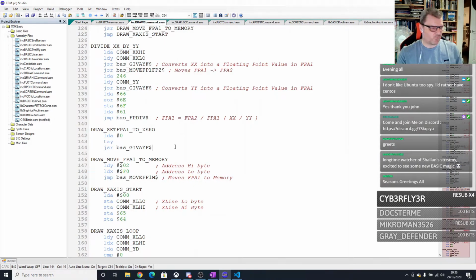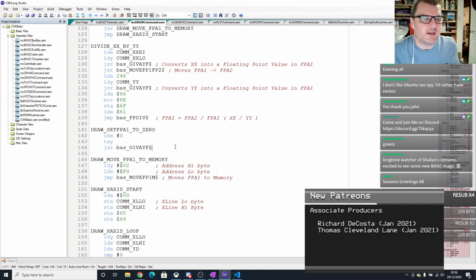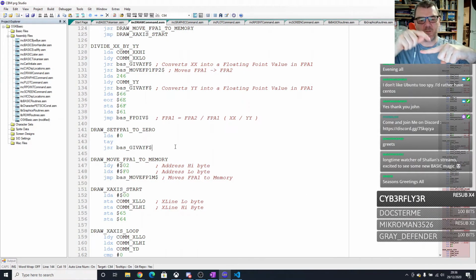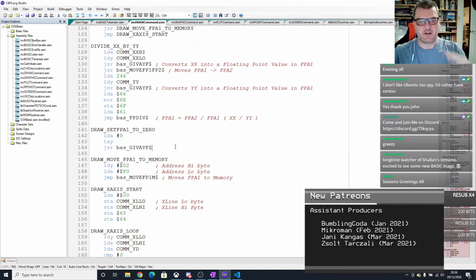And the problem is the way it stands now is for each point across whichever axis we're running across, we multiply that point by our ratio. Every point is done a divide. So you could have 320 divides if you do a full line across the screen.